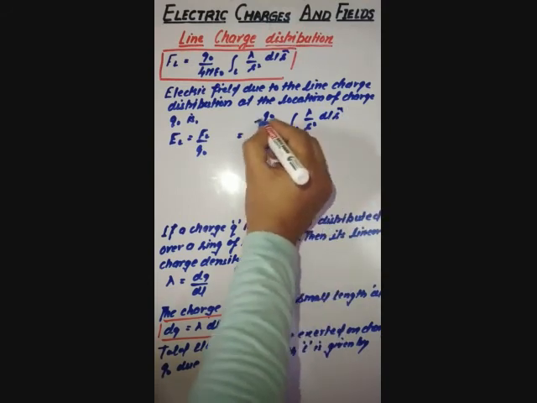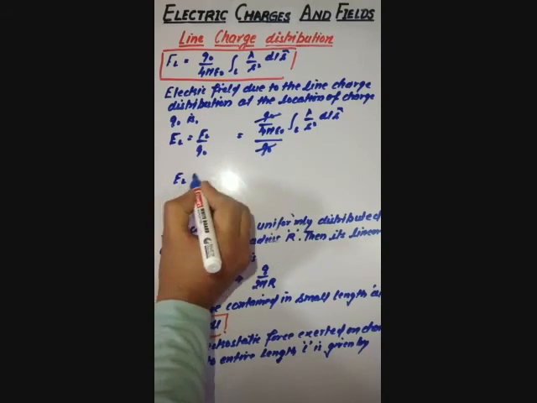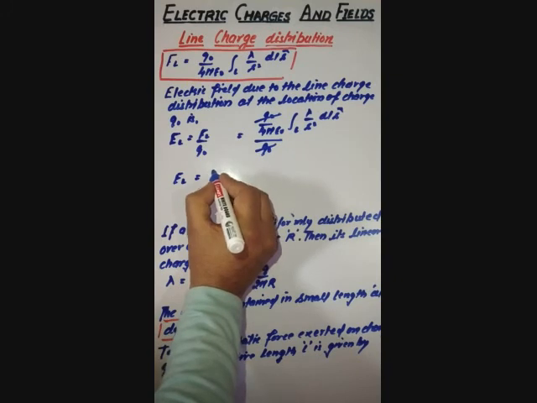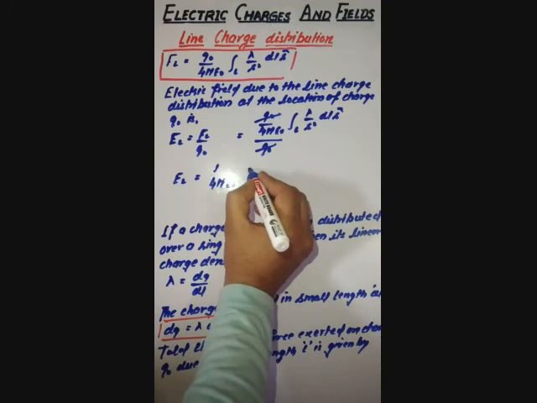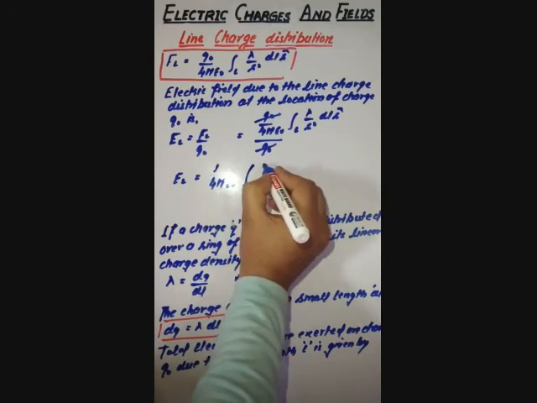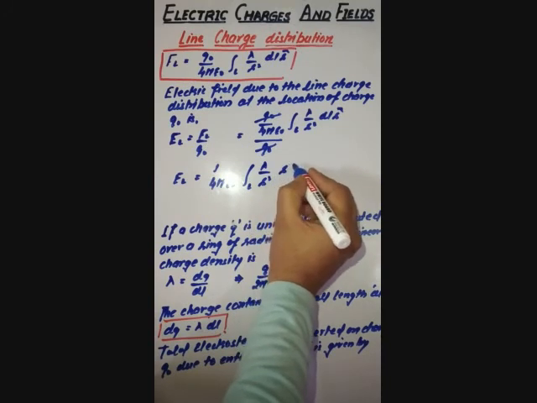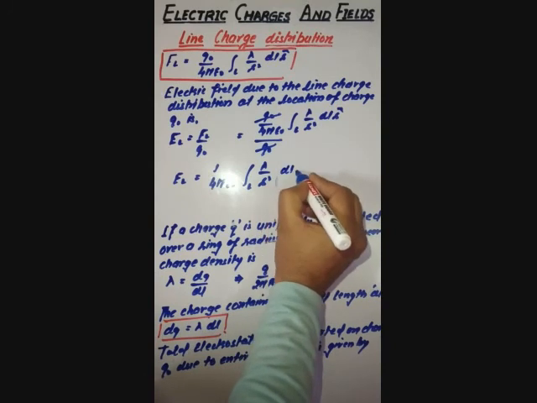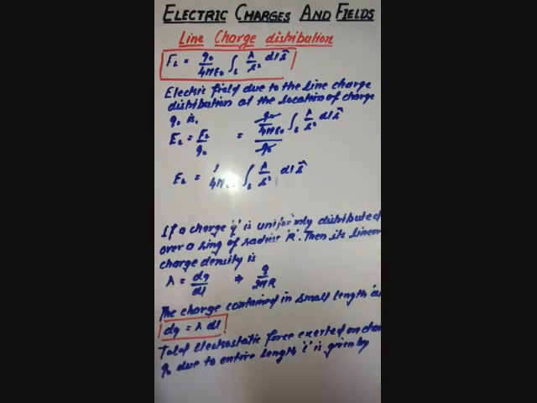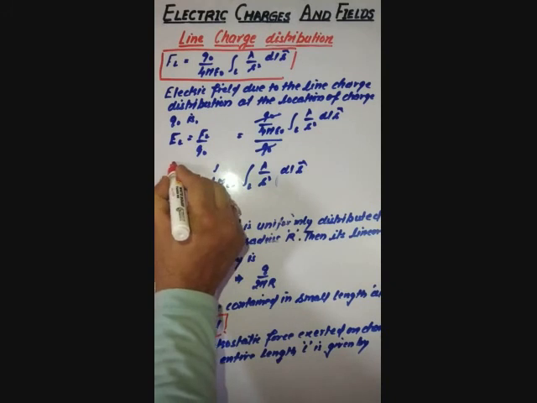Q naught cancels out, so the electric field becomes E equals 1 upon 4 pi epsilon naught, integration over length of lambda upon r square dl r cap. So here we can find the electric field due to line charge distribution.